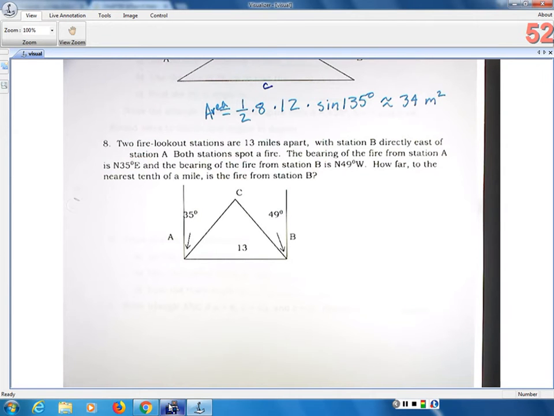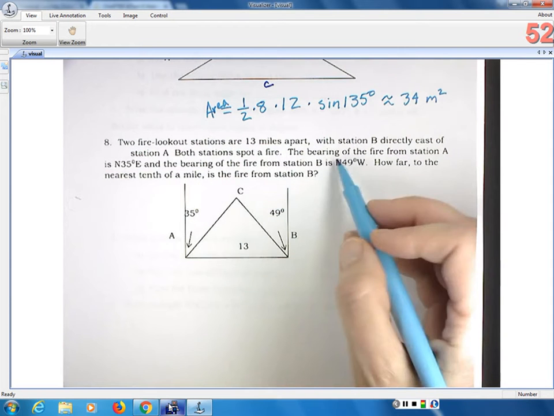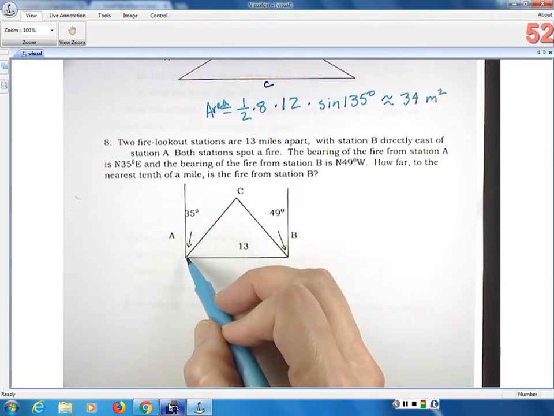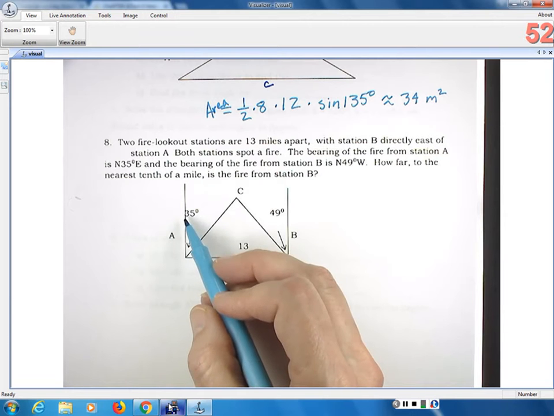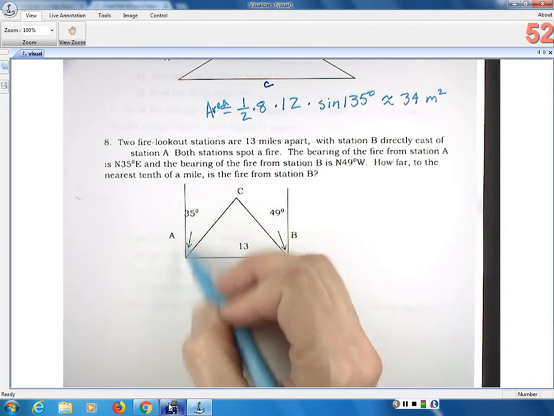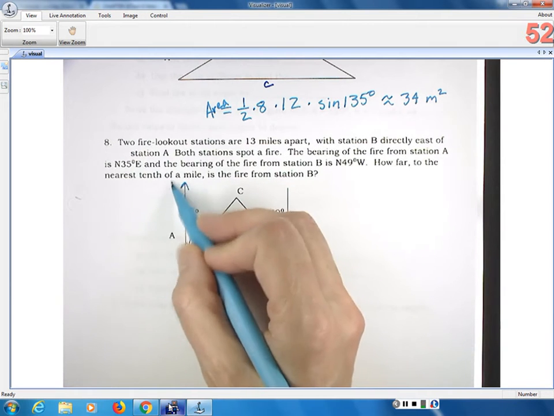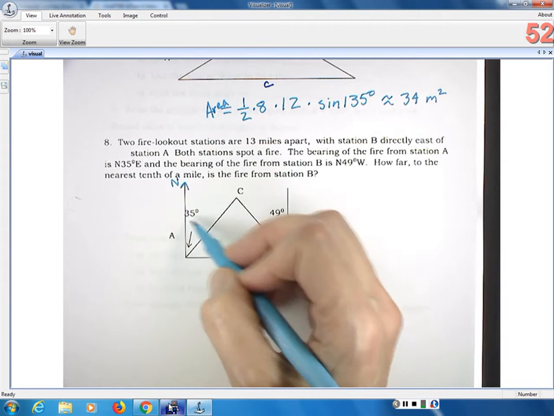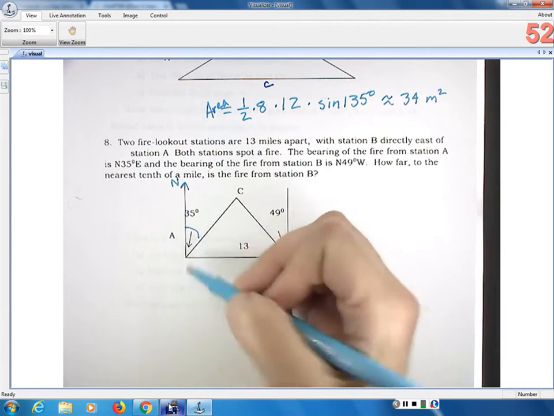Okay, but anyway, here's the bearing of the fire from Station A: 35 degrees east of north. So this is the north line, 35 to the east, so this angle is 35.